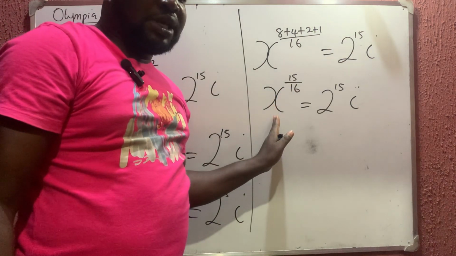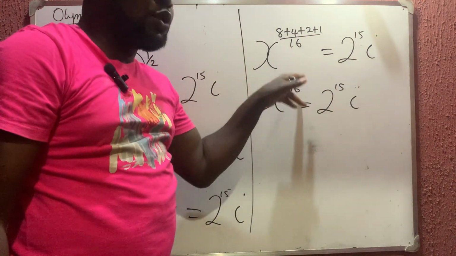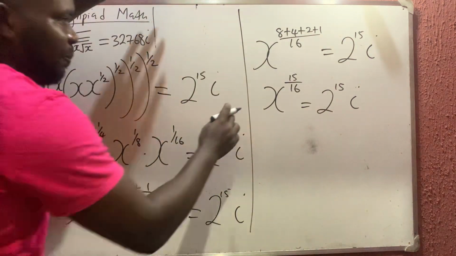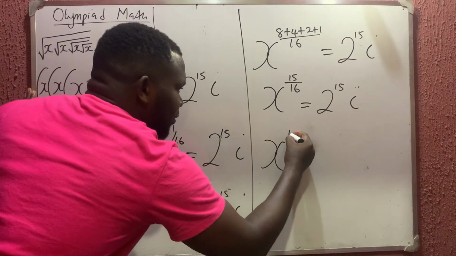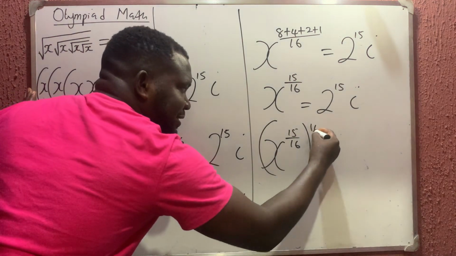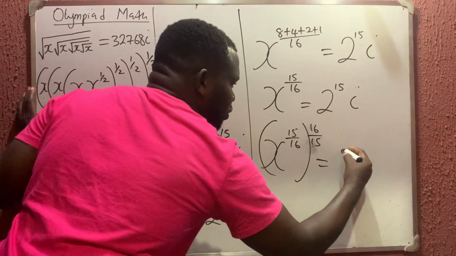I want x to stay alone, so I'm going to raise both sides to the power of the reciprocal of this, multiplying by the inverse. I'm going to have x raised to power 15 over 16, then 16 over 15, is equal to what?